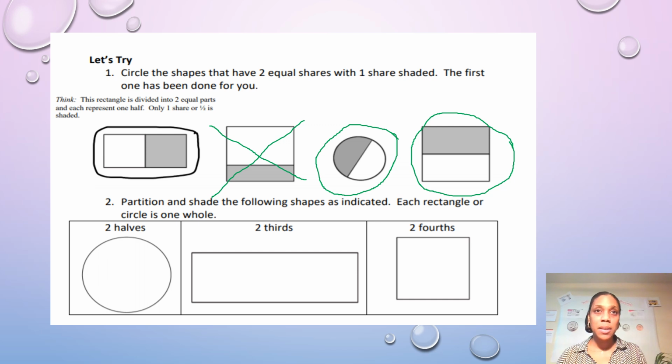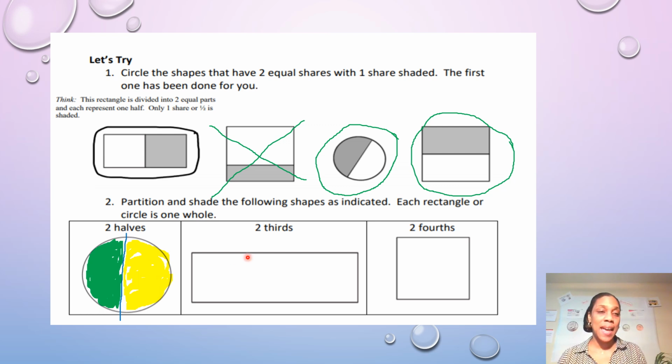Well, when I'm dividing things into halves, I know I'm dividing them into 2 equal parts. So in the first problem, it says 2 halves. I had to divide it into 2 parts. Then I colored the 2 parts. 2 halves is also the same as 1 whole.